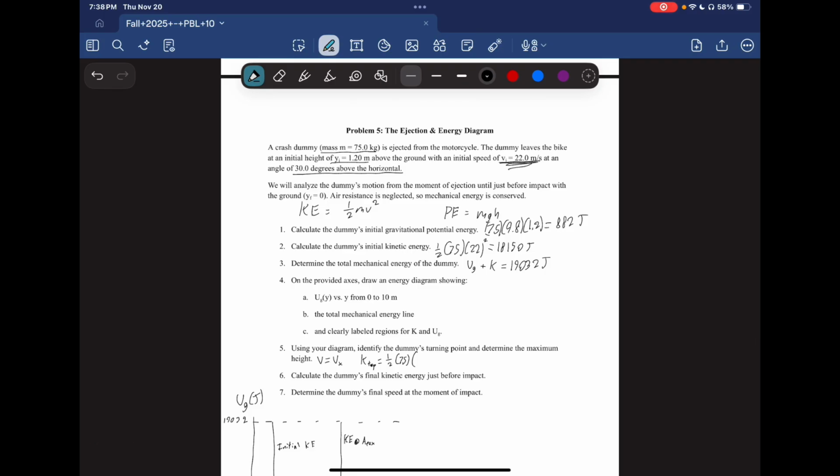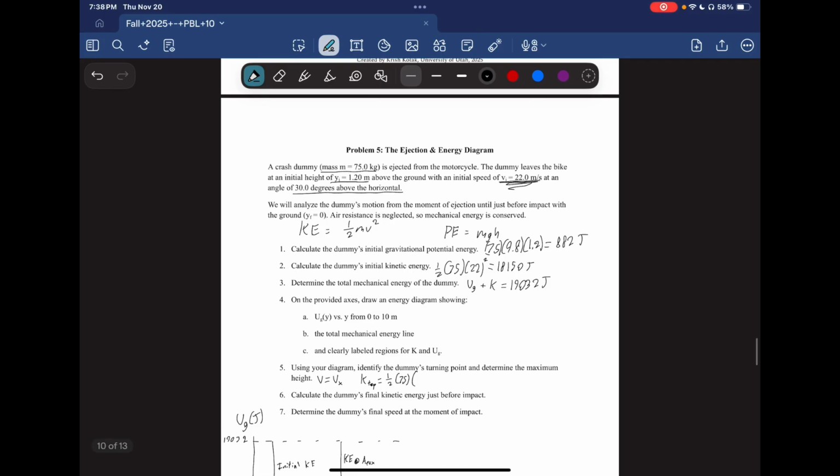Well, we know the initial velocity is 22 meters per second at an angle of 30 degrees above the horizontal. So if we draw that, here's 22, here's 30, here's Vy, here's Vx. Both of these are initial. But our velocity in the x direction doesn't change. We're neglecting air resistance here.